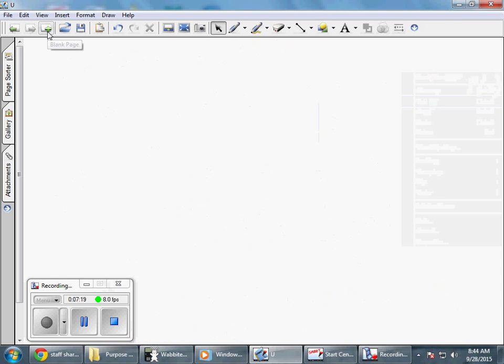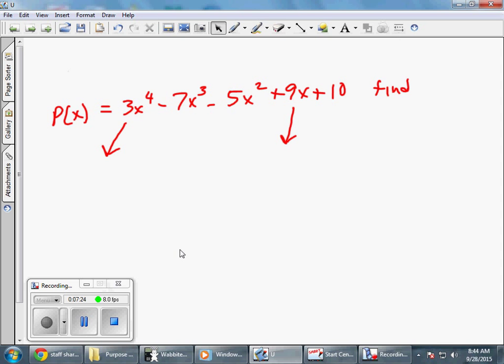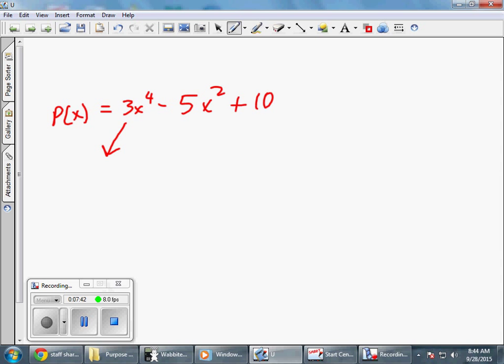Let's say you had this one, and instead of 7x to the third and so on, you just had 3x to the fourth minus 5x squared plus 10. And you're trying to find p of 2. Be careful. I'll say danger Will Robinson.